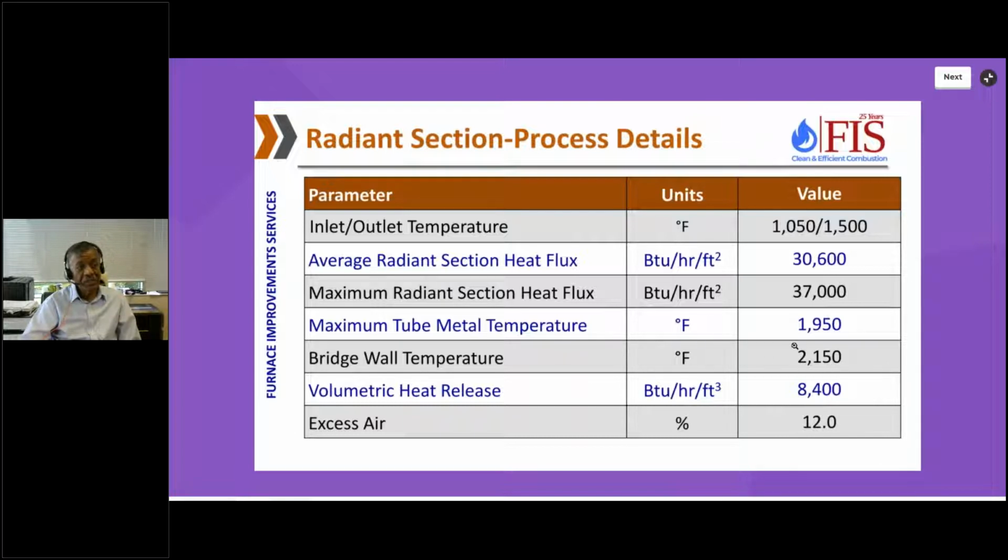Bridge wall temperature, and you can see the bridge wall temperature is the temperature of the flue gas leaving the radiant section, is very close, 2150. Volumetric heat release around 8,000. Actually, this looks a lot lower nowadays. They even go to 20,000. Excess air around 12%. So these are the typical parameters of a radiant section for an ethylene cracker.